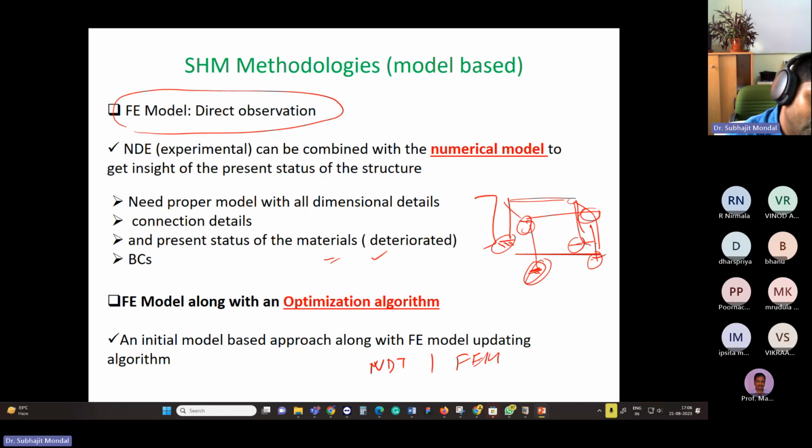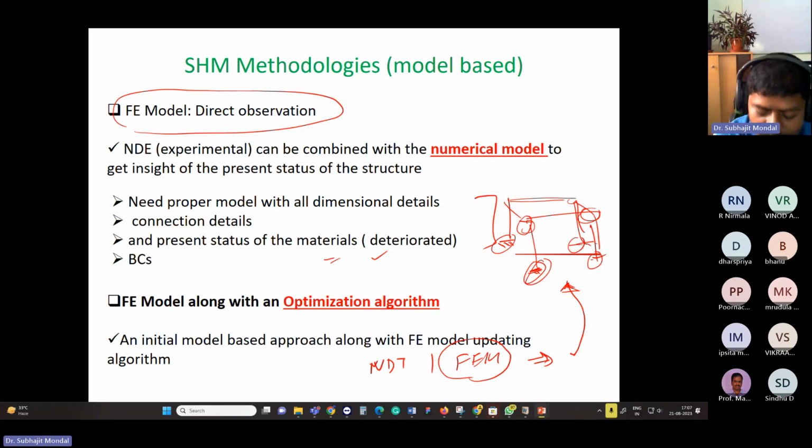Initially, if we update the model parameters and the geometry, and we are satisfied with the updated model, which represents the actual structure, then we can deal with the finite element model with updated boundary conditions and updated material properties. Now we can do further analysis, and you can use that model for damage detection or your structural health monitoring.